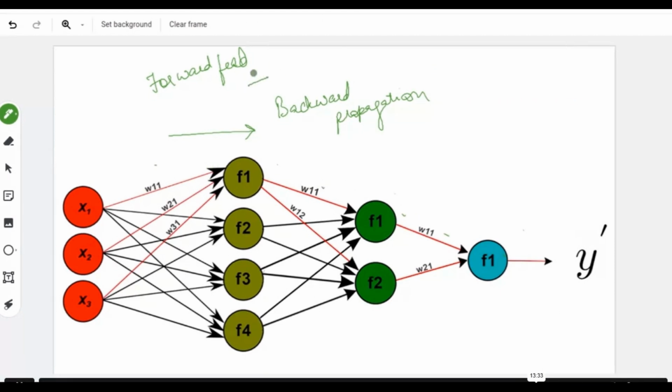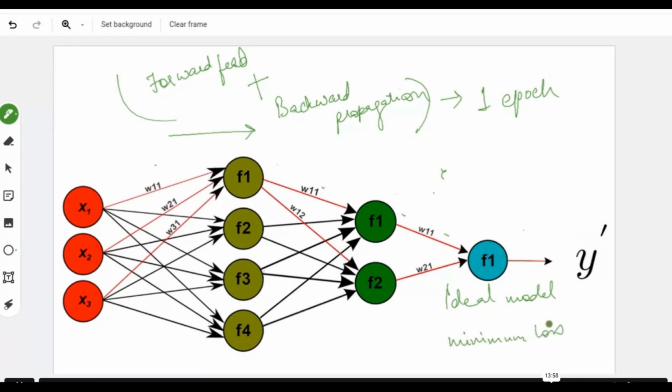So this whole forward feed plus backward propagation together form one epoch. And many of these epochs are done one after the other, so that we reach the final ideal model where you have minimal loss.